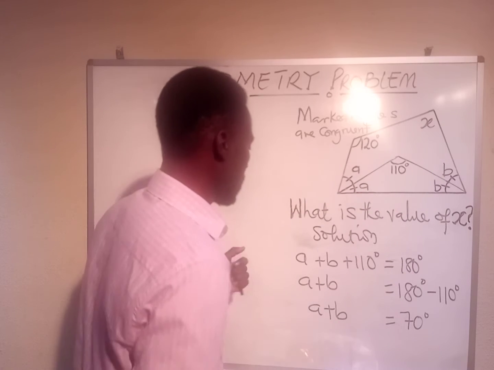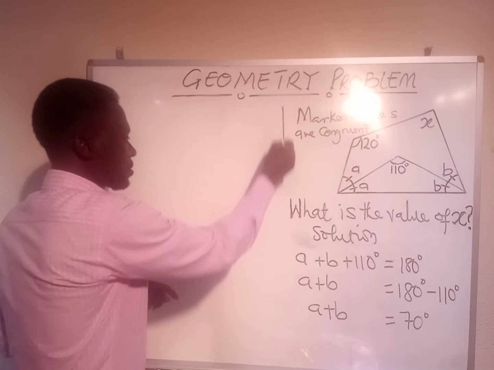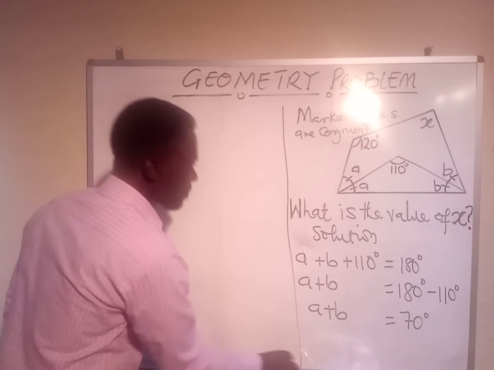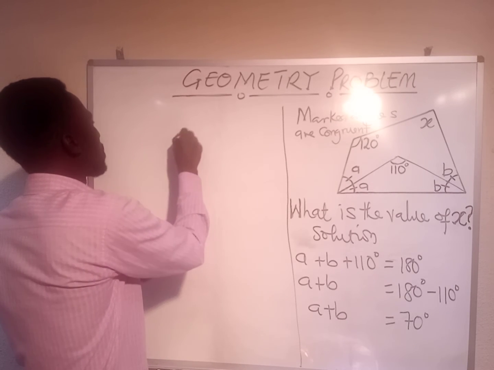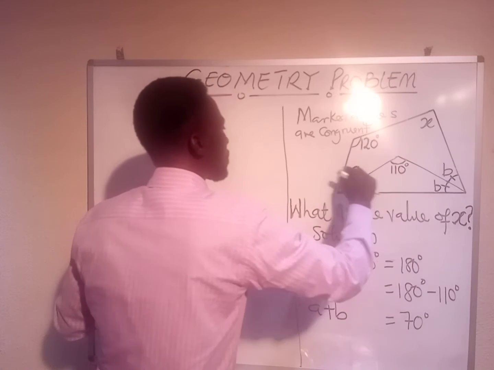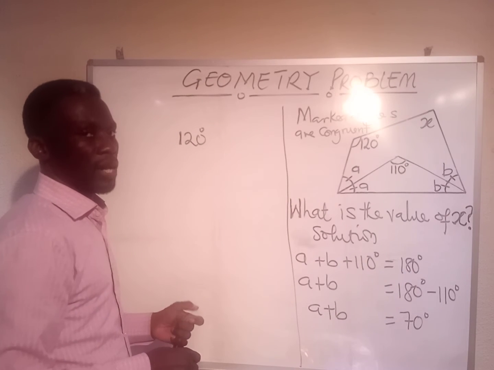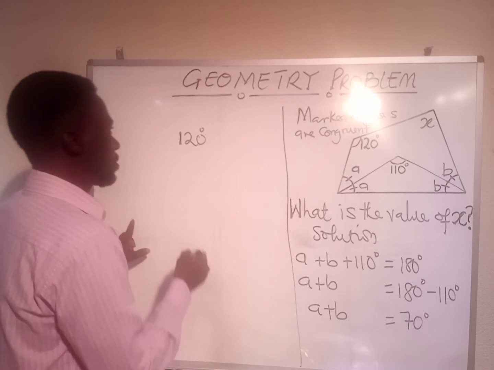So let's draw a line to separate this. So it follows that 120 degrees, we can see, plus this plus the whole of this plus the whole of this is equal to 360 degrees. That is, all the angles of the quadrilateral sum up to 360 degrees.